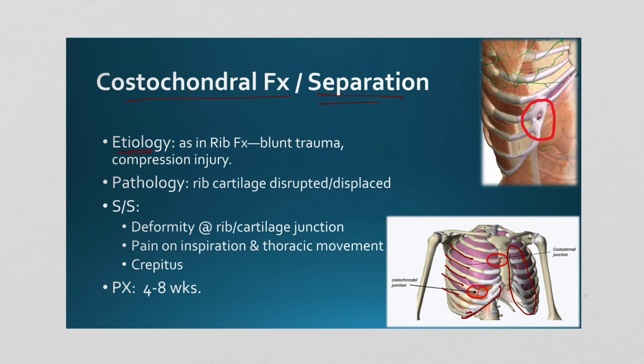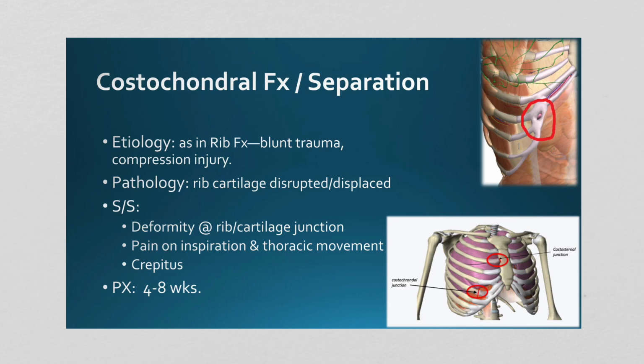Most often it's direct blunt force trauma or some type of compressional injury, which causes damage to the costochondral junction. And so what does this mean exactly? What do I mean when I say costochondral? What I'm saying is that you have a fracture that occurs not to the actual bone, but to the cartilage portion.